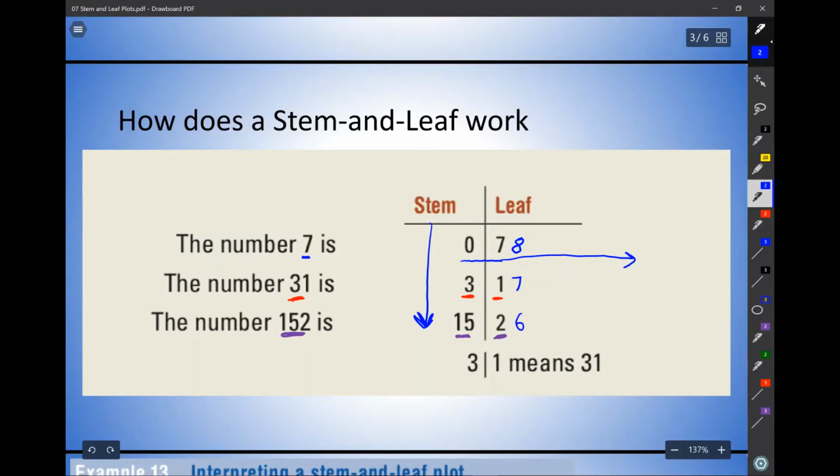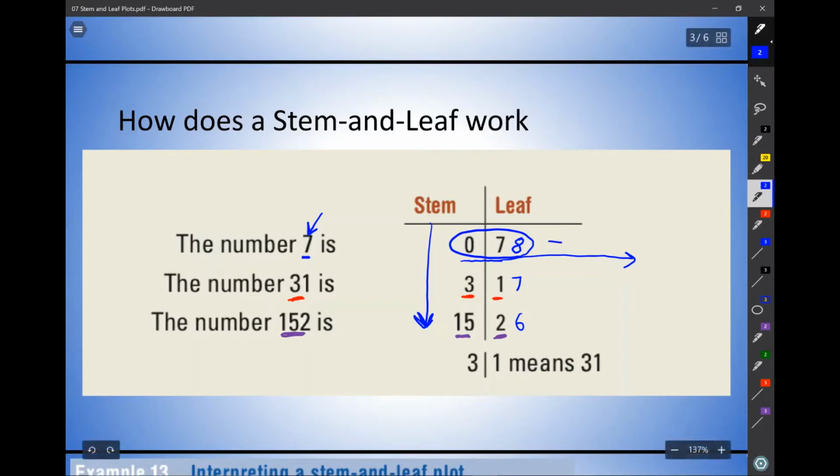Now I haven't changed this first number from a 7 to a 78. That's not what's happening here. This means the first number is still number 7, but adding that 8 there has added an extra number to our leaf.